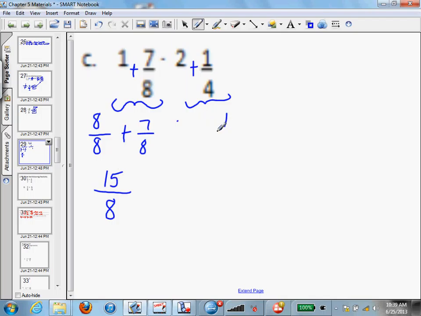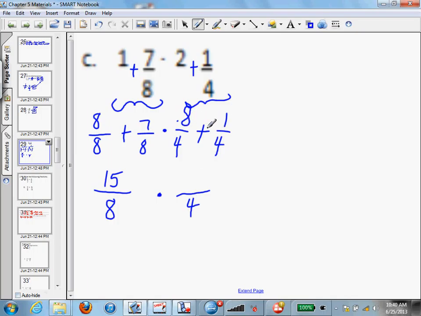Now over here we have the fraction 1 over 4. We have to turn 2 into a fraction where 4 is the denominator. To do that, you take the denominator you want, which is 4, and multiply it by the number you already have, which is 2. So 4 times 2 is 8, and 8 divided by 4 would reduce to 2. So carry down our multiplication symbol. We have our fraction of 8 over 4.